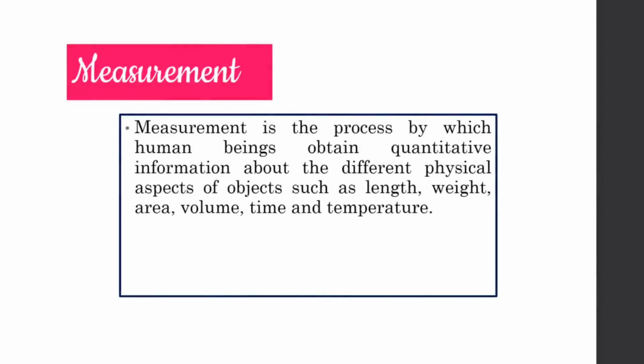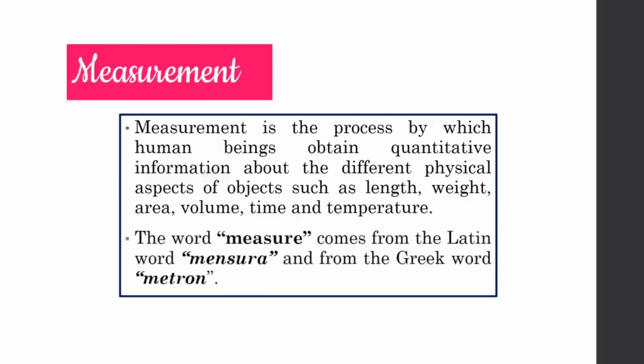Measurement is the process by which human beings obtain quantitative information about the different physical aspects of objects such as length, weight, area, volume, time, and temperature. The word measure comes from the Latin word mensura and from the Greek word metron.